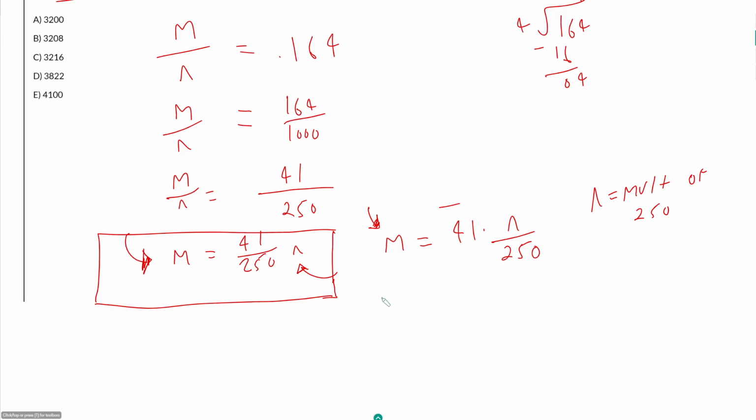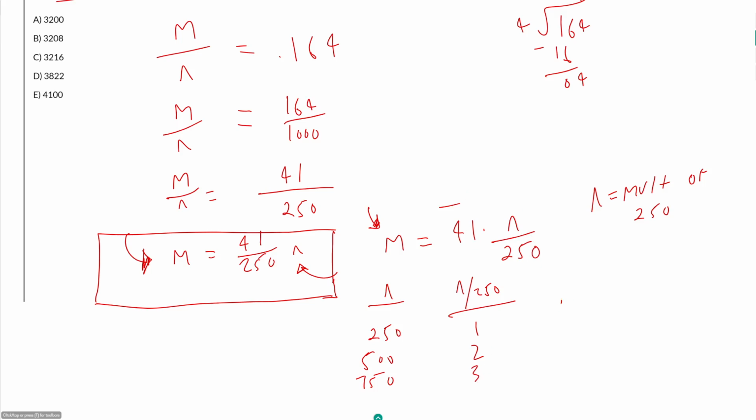So for example, let's say we got n, and then we got a value for n over 250. If n is equal to 250, n over 250 is 1, n is 500, n over 250 is 2. If n is 750, n over 250 is 3.